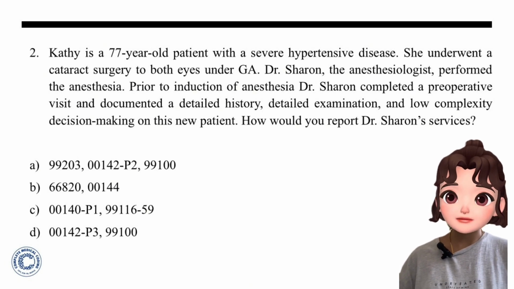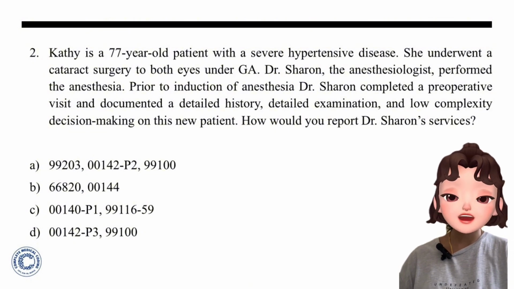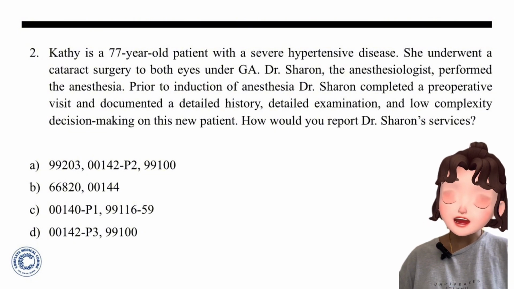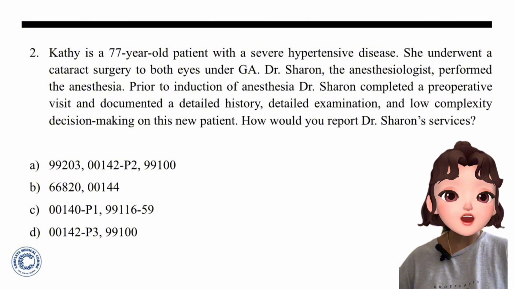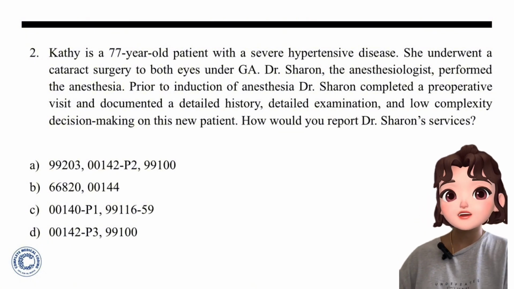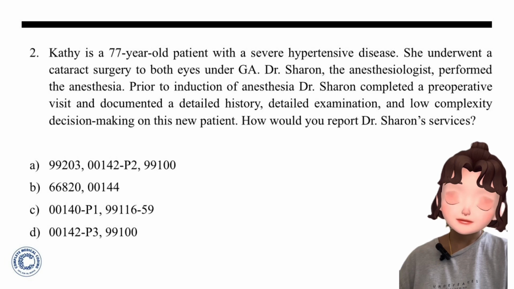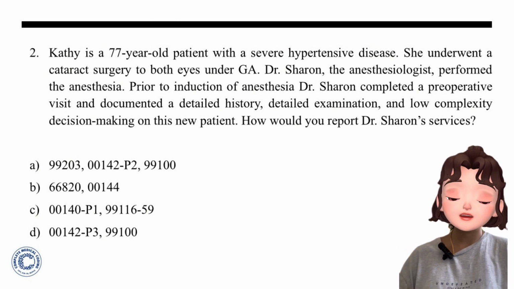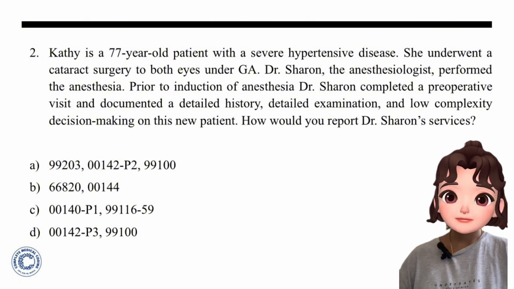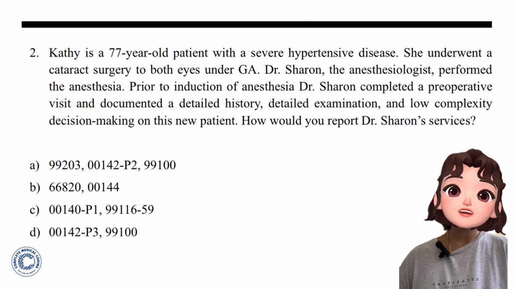That's the qualifying circumstances code: anesthesia for patient of extreme age, younger than 1 year and older than 70. Those patients, you have to code 99100 to mark them as extreme age patients. Since this is a 77-year-old patient, you have to code the qualifying circumstances code also, 99100.